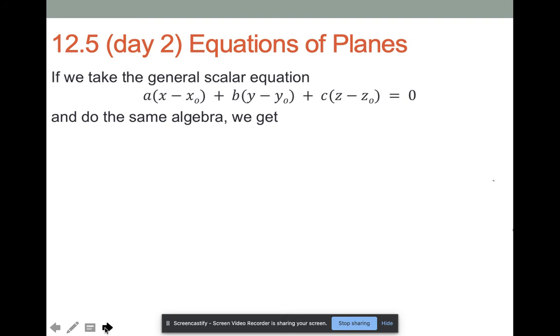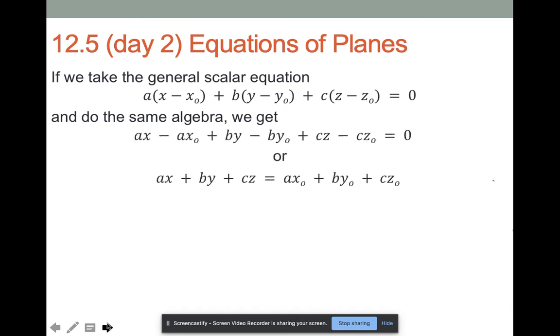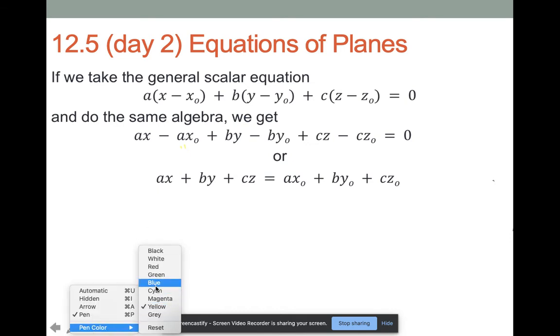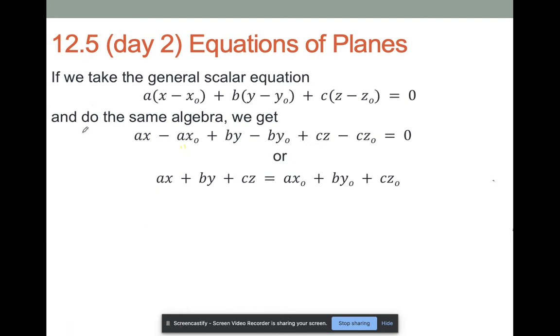So if I do the algebra that I just did, but in general, instead of actually putting values of A, B, and C and putting the particular point in there, what if I just do the distribution and collection? Notice that this is going to be a number when I actually put in values.